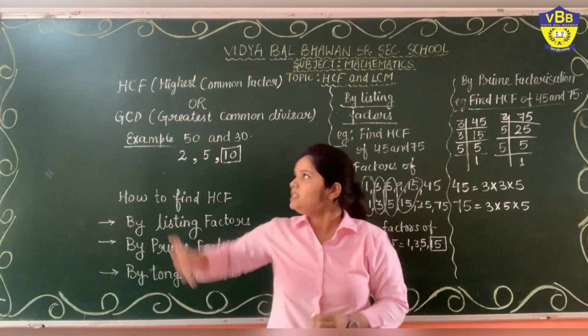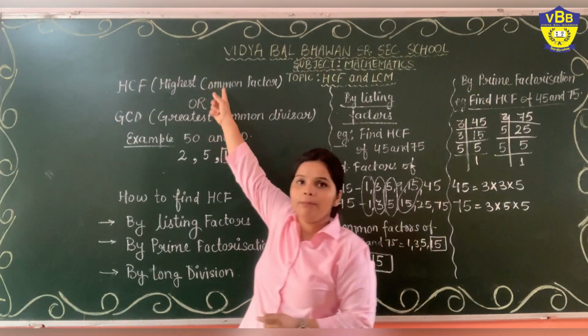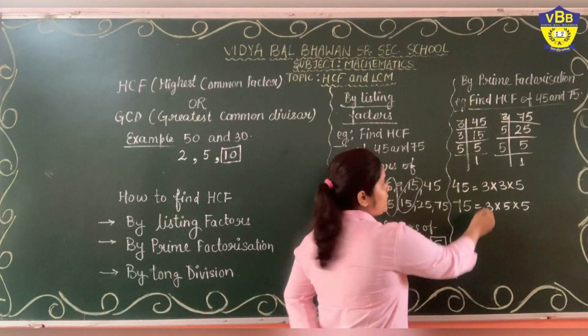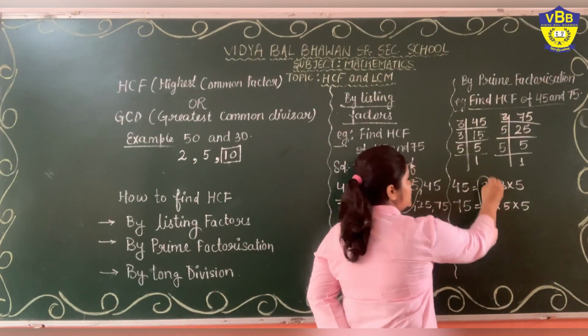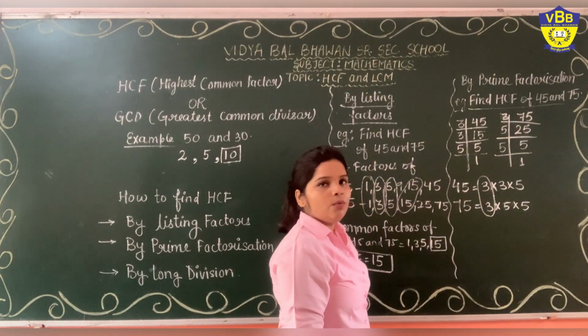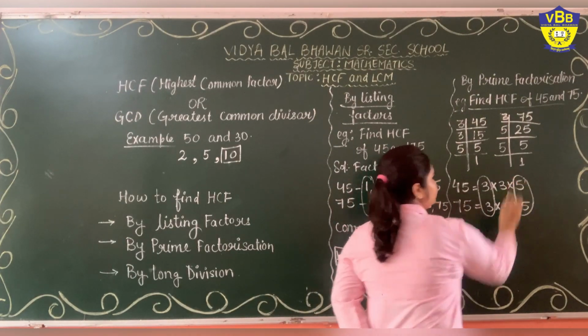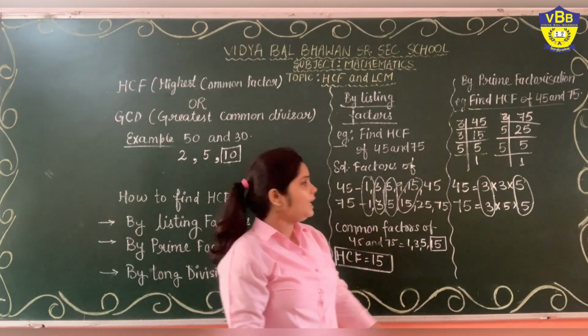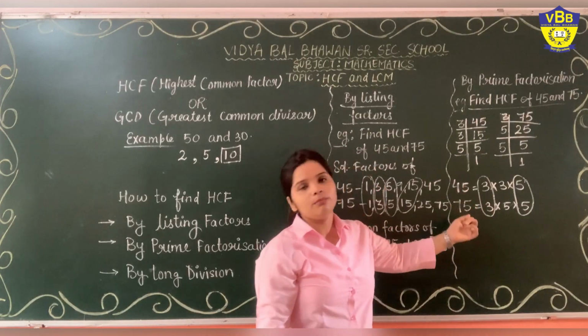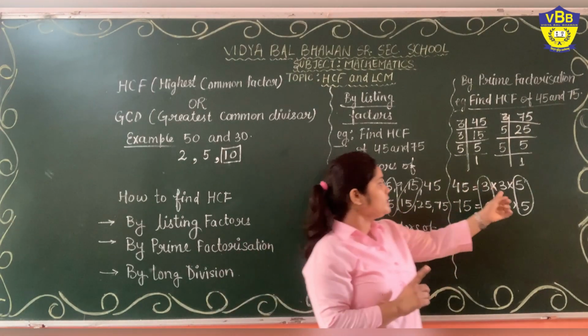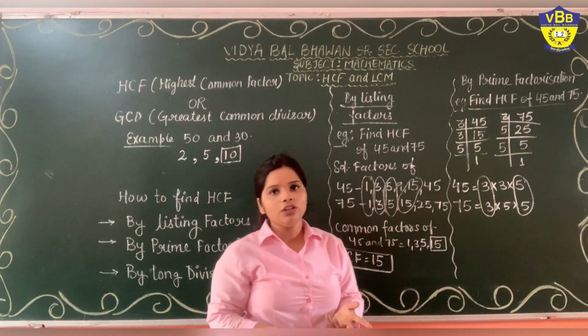Now, as we need the highest common factor, we need to find the common numbers here. What is common here? 3 is common. What is next? 5 is common. Any other prime number which is common in both 45 and 75? No, the rest are not common.